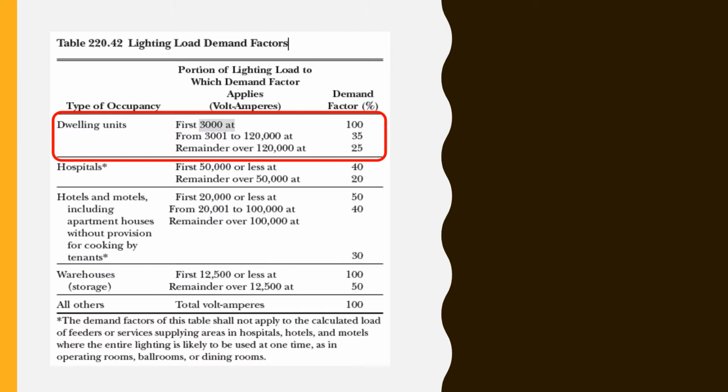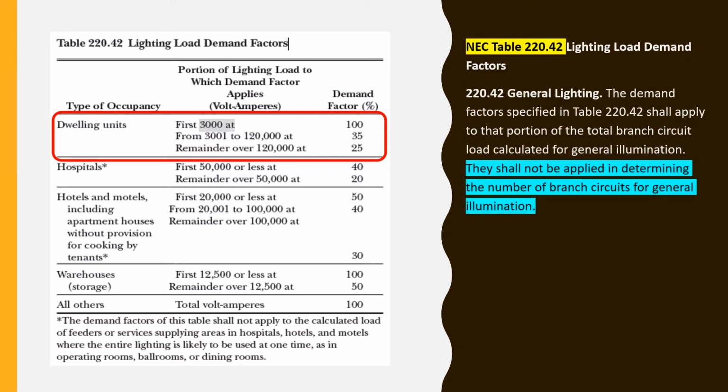And the remainder over 120,000, you have to use a 25% demand factor. So this is the lighting load demand factor table, general lighting. The demand factors specified in table 220.42 shall apply to the portion of the total branch circuit load calculated for general illumination. They shall not be applied in determining the number of branch circuits for general illumination. So these are the notes about this table.